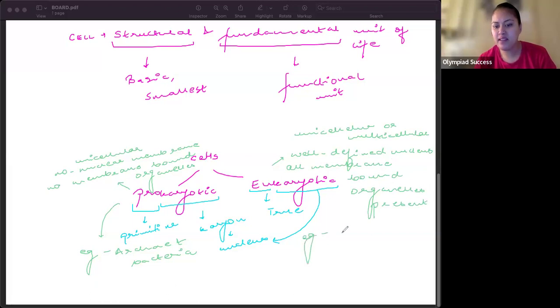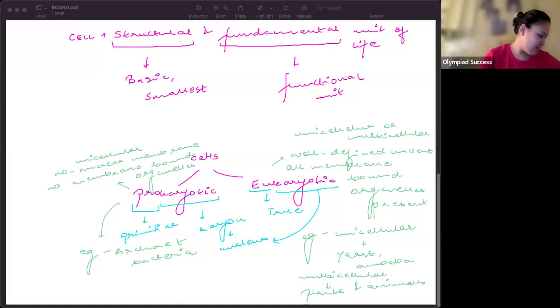Examples. If I talk about a unicellular eukaryotic organism, we have yeast, amoeba, okay? And multicellular, we have plants and animals. Right? Any doubt so far here?